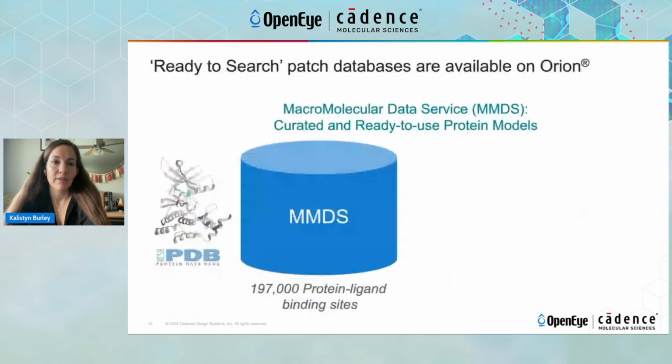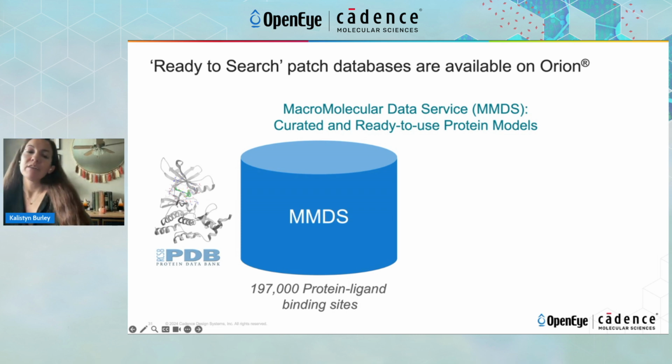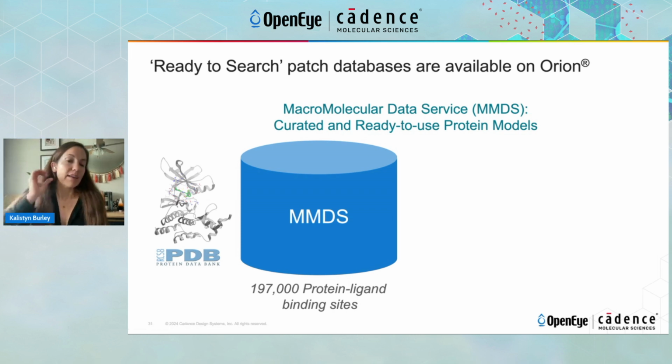We provide a few databases for folks who license this tool. The MMDS, or macromolecular data service set, is a curated set of ready-to-use protein models that we've prepared with our tool Spruce. It contains over 197,000 protein-ligand binding sites, generated using structures from the Protein Data Bank where there are ligands present.